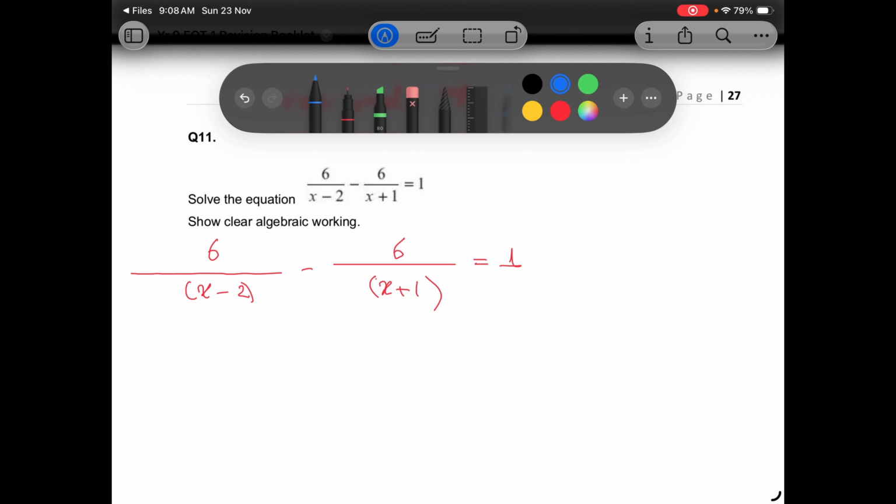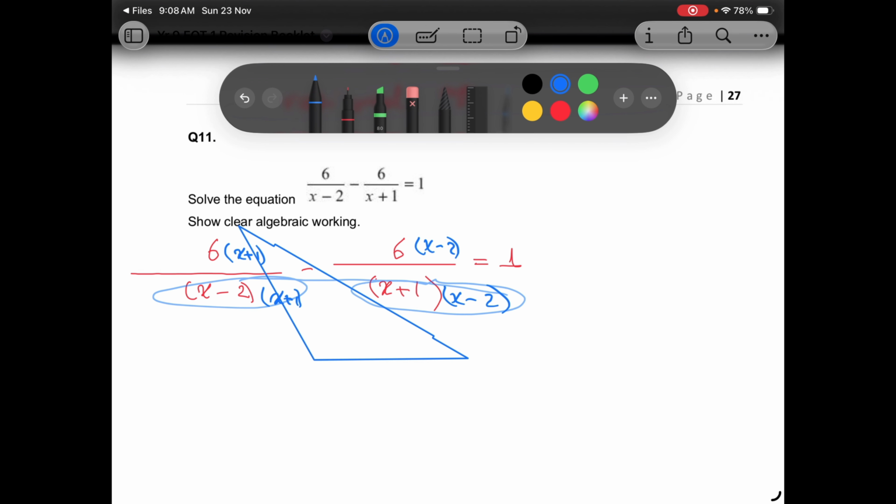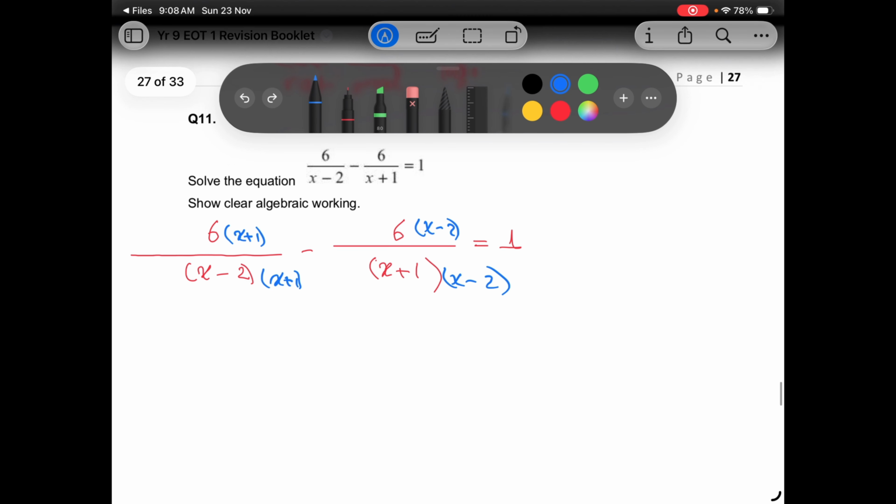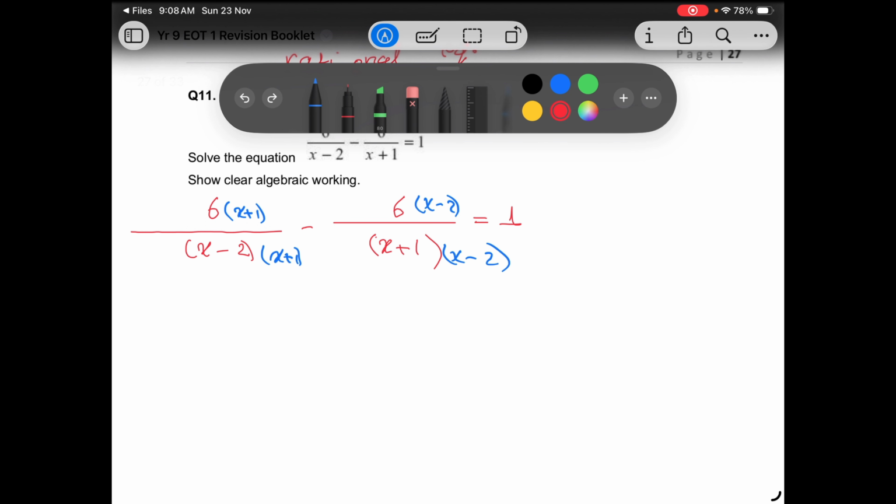We do multiply this guy here by x plus 1. So here I will multiply by x plus 1, and here by x plus 1, and here by x minus 2, and here by x minus 2. And look at this, guys. This denominator and this denominator now are the same, and this is what we are seeking in the first phase of this journey.